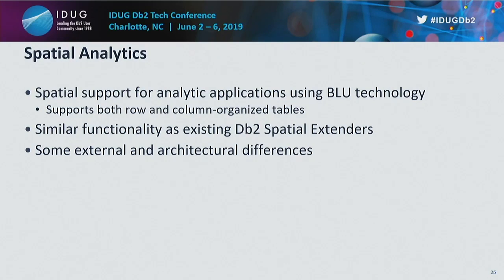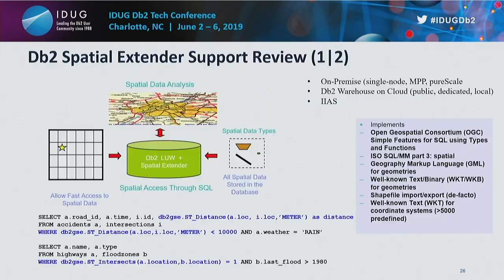The externals are very similar to what's there for spatial extenders, but there are a few small differences, mainly around the schema, and a few architectural differences in terms of how the spatial analytics is supported. But before we get into the details on what's coming in 11.5, I'm just going to do a quick overview of the existing spatial extender support.